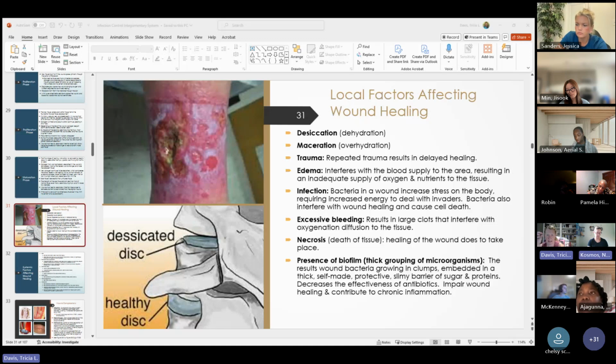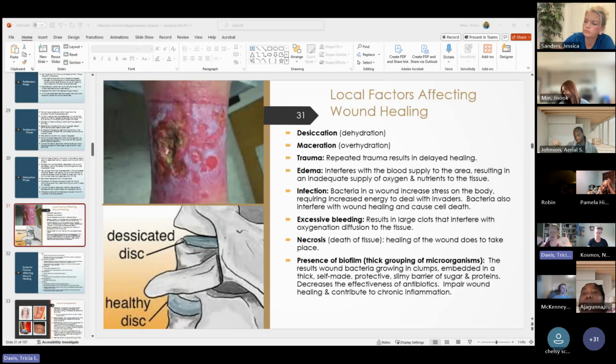The body makes these little clumpy areas, and if you've ever seen a really infected wound, you'll see this slimy barrier that you can actually pull off with like a 2x4 or something like that. That's a biofilm. The biofilm is basically just made up of a lot of glucose and proteins. But with any type of covering like that on the wound, it's going to decrease how well our antibiotics work, and it's going to obviously keep that wound from healing.